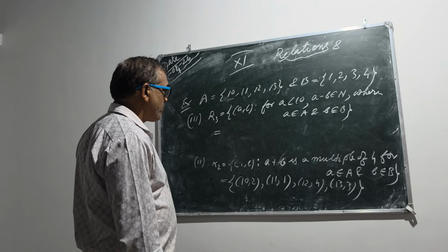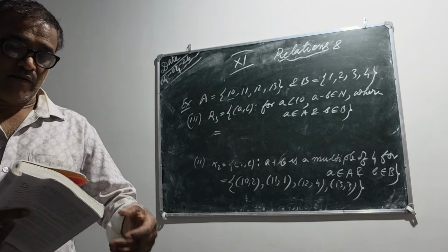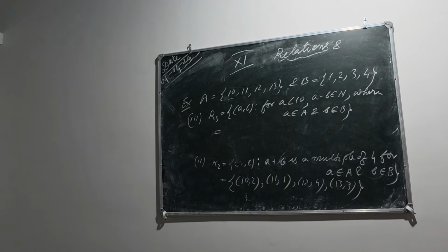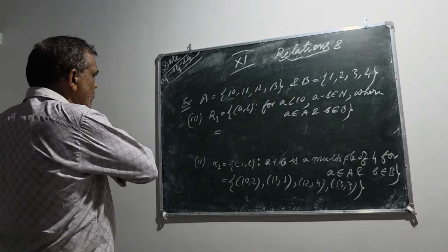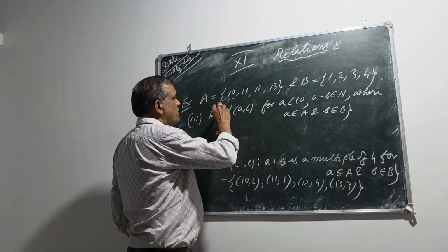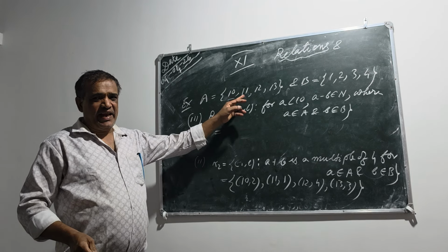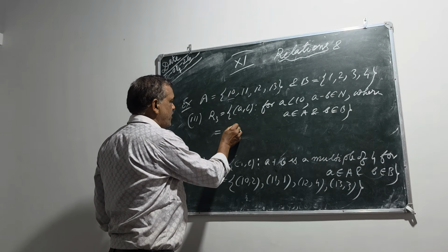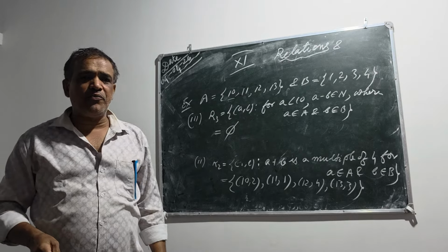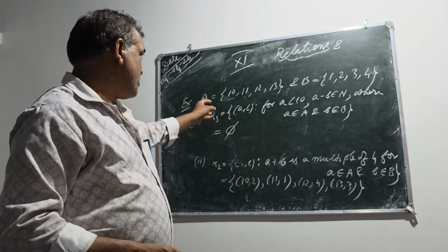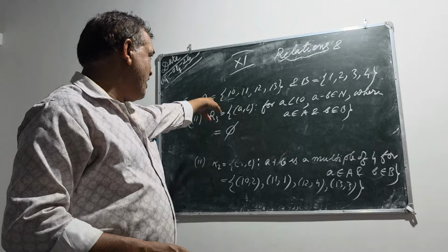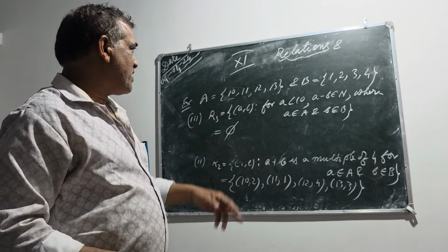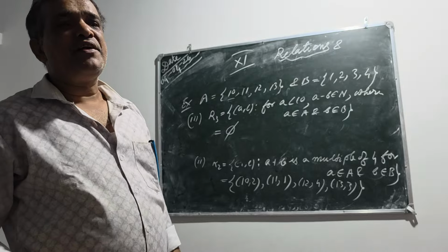So since there is no element for a less than 10, the relation R3 will be empty, because there is no element less than 10 for small a. That is why this relation will be empty, meaning a null relation.